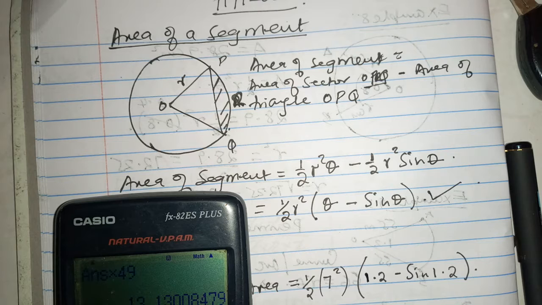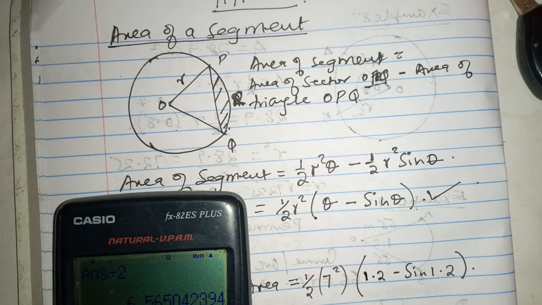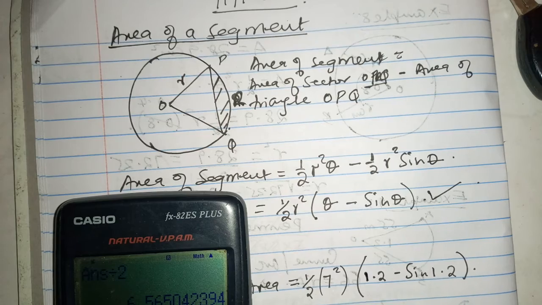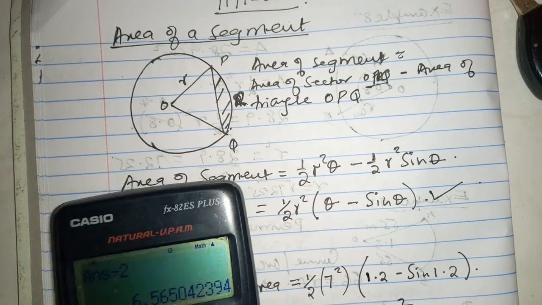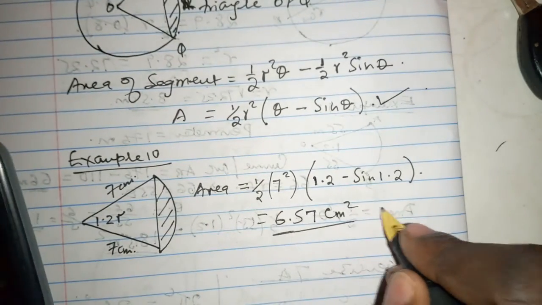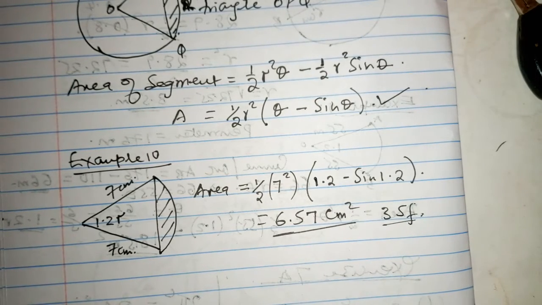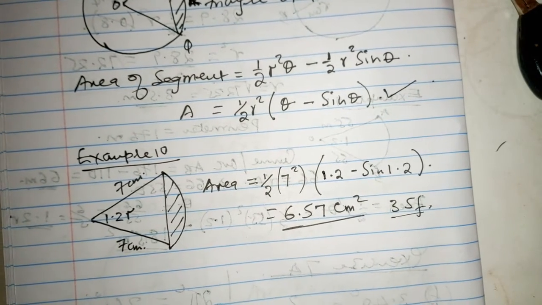And of course, you divide this by 2, or multiply by a half. So divide by 2, it gives us 6.565, which is 6.57 centimeters squared to three significant figures. So that is it, and that is as far as example 10 is concerned.